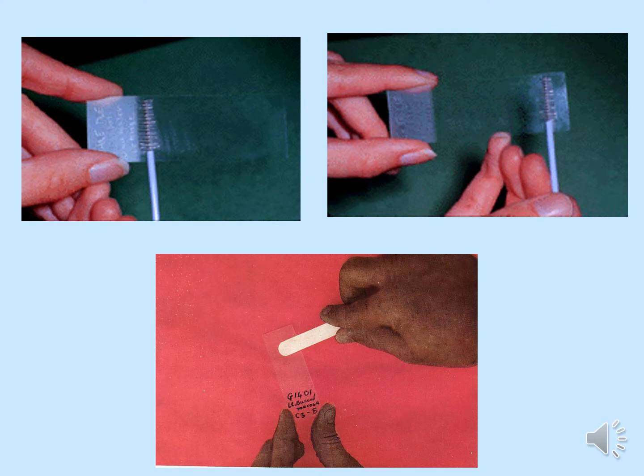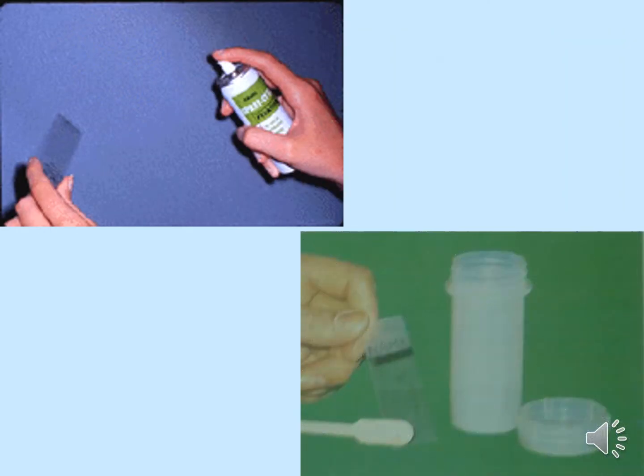All right, you roll the brush over, or you spread it using the spatula, and then you use a spray fixative. Okay, and dry the slide, and then transport it to the lab wherein they stain it, and then they examine it microscopically, and they are able to tell you if the morphology of the cells is normal or abnormal. Okay, so this is an example of a non-invasive procedure.